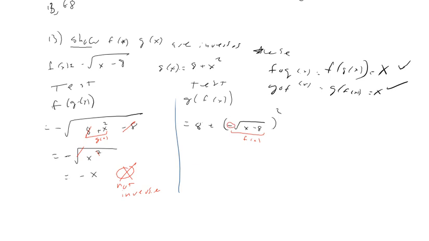Well, remember our rule: whenever we have something squared, it means there are two of them. So negative squared means I have negative square root of x minus 8 times negative square root of x minus 8. Squared means two of them.